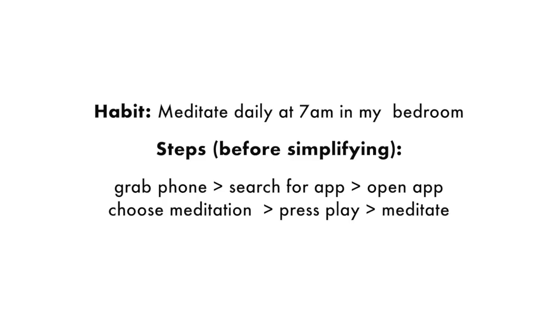For example, your meditation habit might look like this before you simplify and streamline it. Grab phone, search for app, open app, choose meditation, press play, meditate. If you want to simplify and streamline that habit, you might decide to put the meditation app on your home screen so that you don't have to search through all your apps every single time you want to meditate.